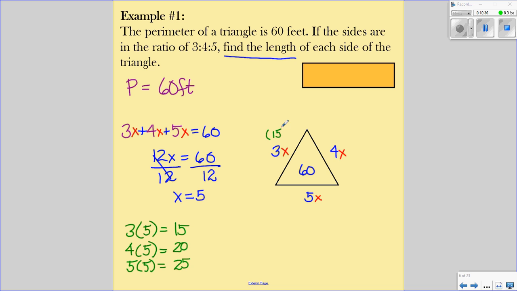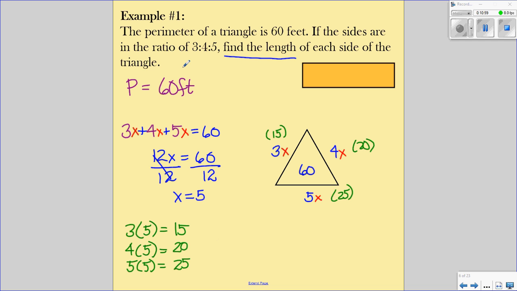So I'll just put 15 on this side, 20 on this side, and then this is 25. So when I add all of this up together, this will give me 60. So these two give me 40, 40 and 20, 60. So that's how you would work a problem dealing with the ratio that they give you.